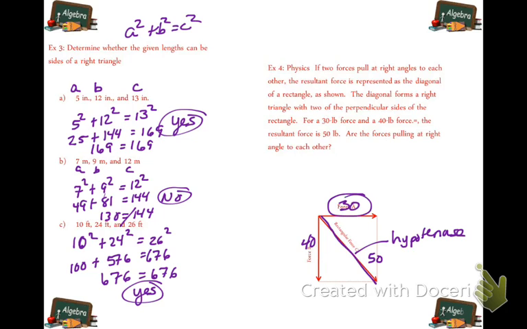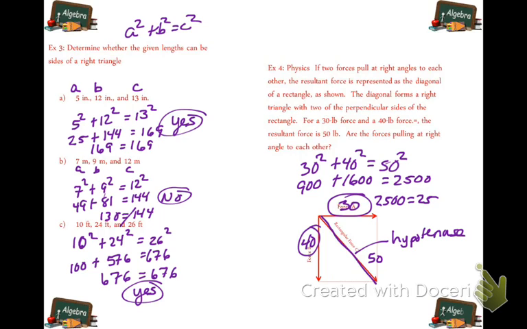So these 30s and 40s would make a right angle, and that would be your A and B. So you would say 30 squared plus 40 squared equals 50 squared. So I would have 900 plus 1600 equals 2500. So 900 plus 1600 is 2500 equals 2500. And so yes, they would. Are they pulling at a right angle? Yes, they are.